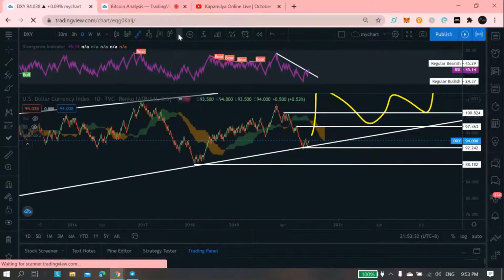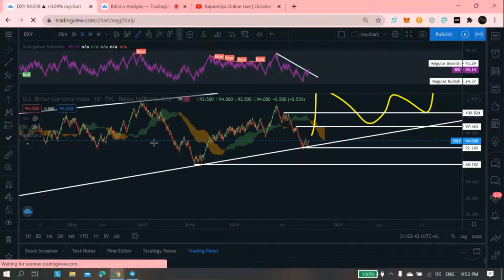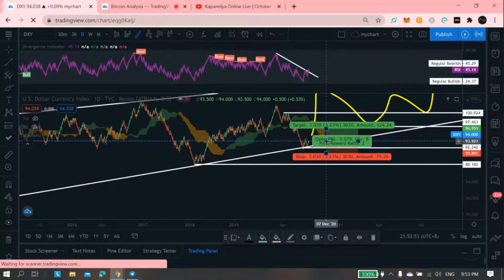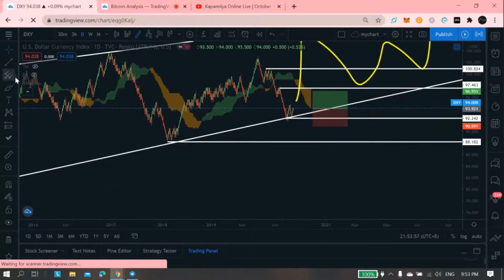Normally, I use candles, Heikin-Ashi, Renko, line break, Kagi, and point and figure. And of course, I measure the possible risk reward. Anyway, let's make it bigger and hide this one.